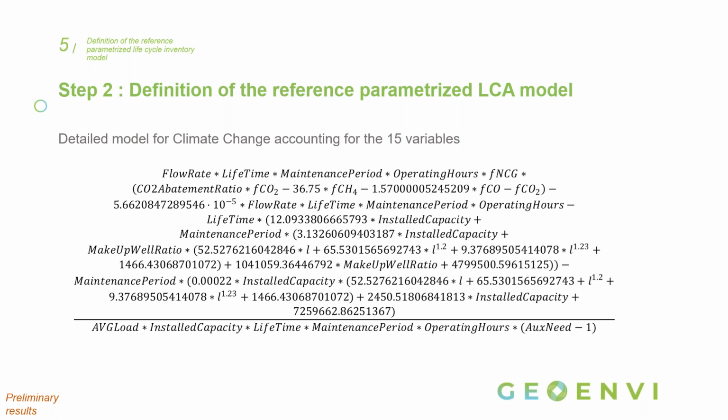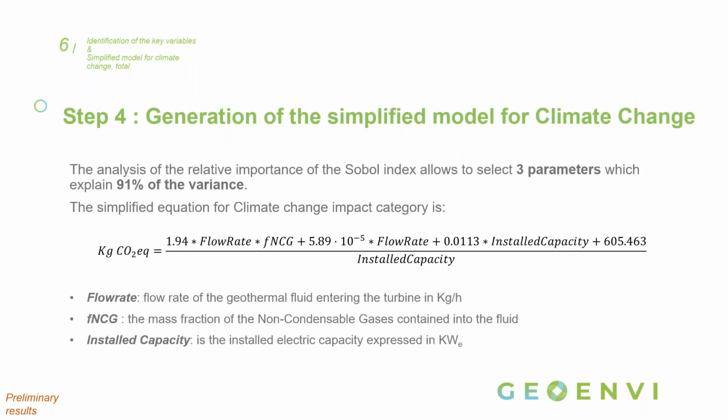So by means of the Sobol indices, I selected the method that allowed to select just 3 parameters, which explain quite a large variance of the model. So 91% of the variance is expressed by these 3 parameters.